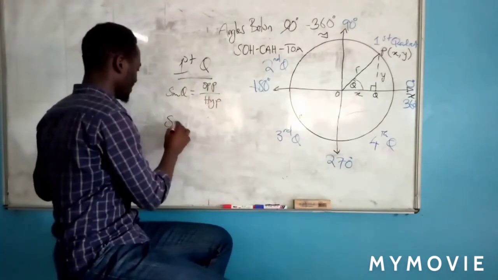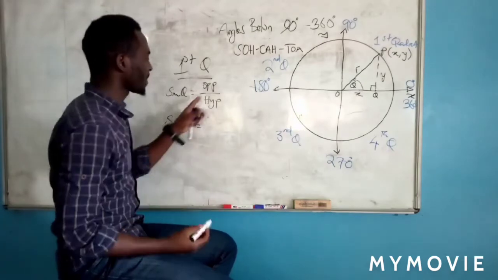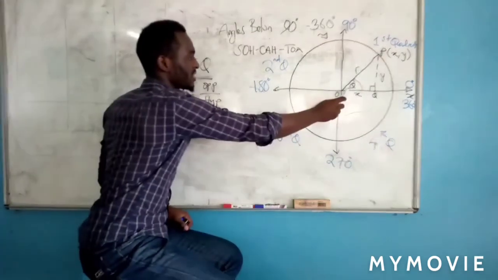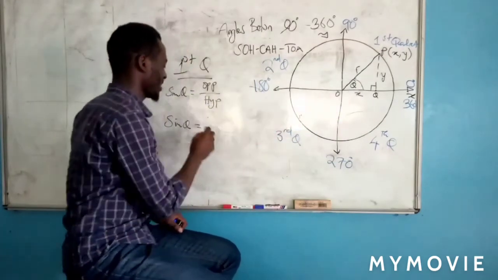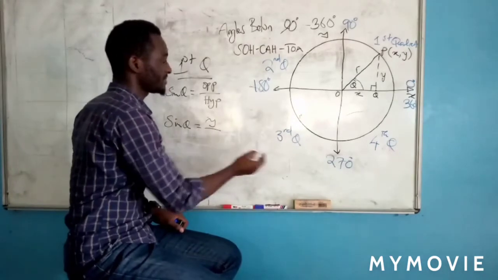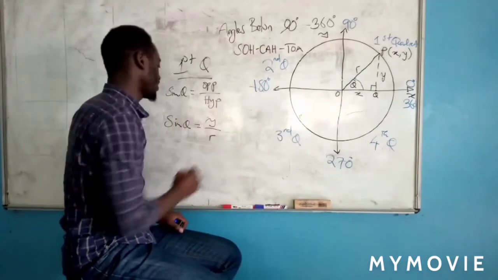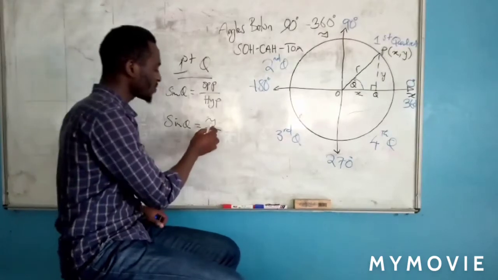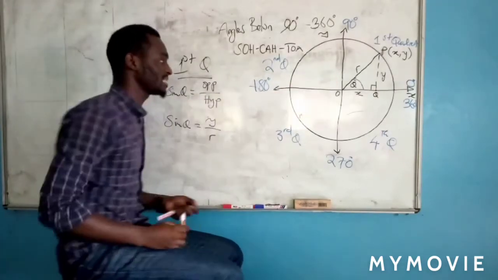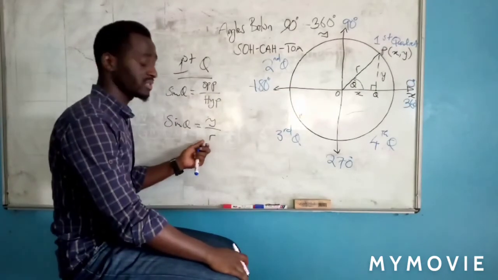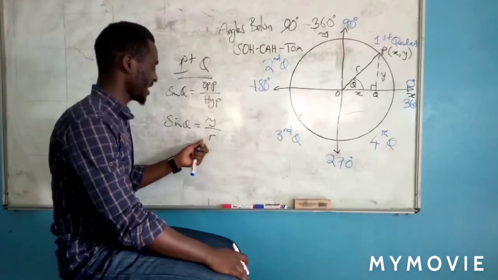Then, what is my opposite? If this is the angle here, my opposite is y. So sine theta is y over hypotenuse, which is r. I can see that y in this first quadrant is positive, r is also positive, so my ratio happens to be positive, okay?